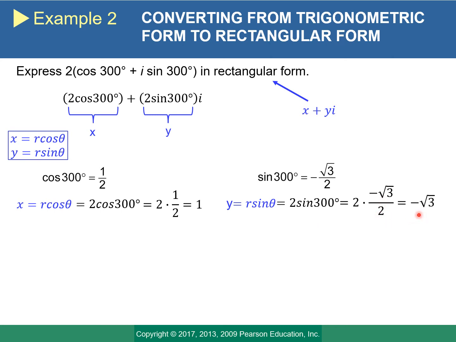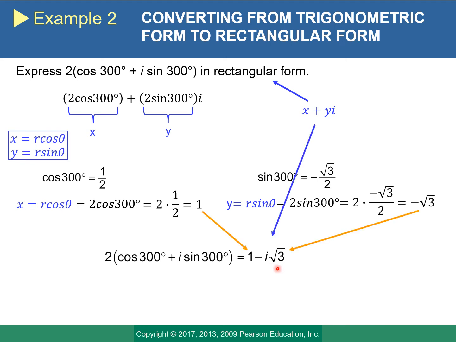And then that's all we need to convert from polar or trig form to rectangular form. And so our number that we were given initially in polar is now 1 minus i square root 3 in rectangular. And so this has the format of rectangular numbers, and then x was 1, y was negative root 3, and then always times the y component by i.